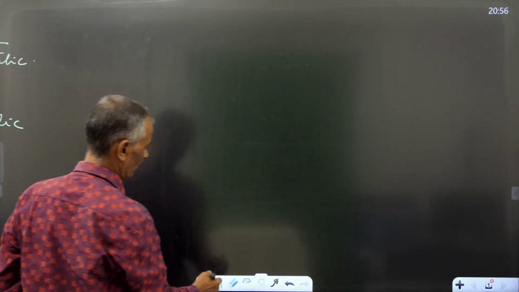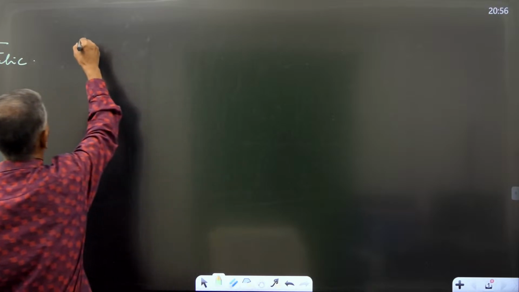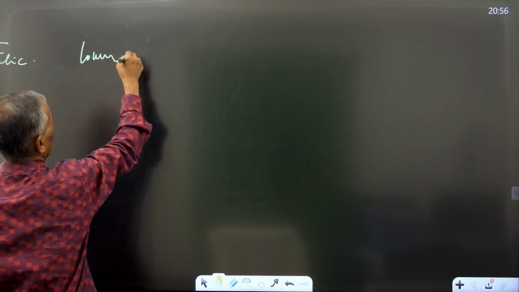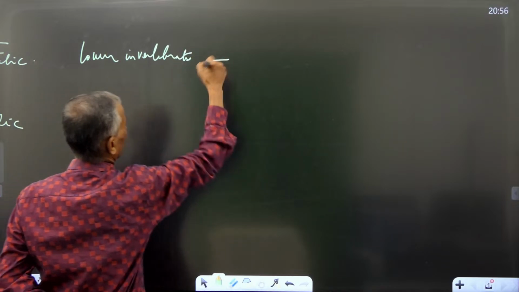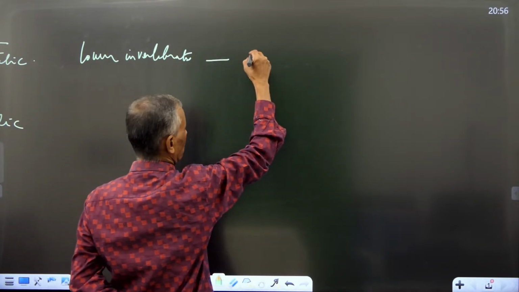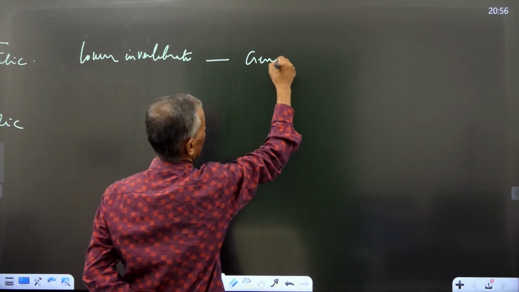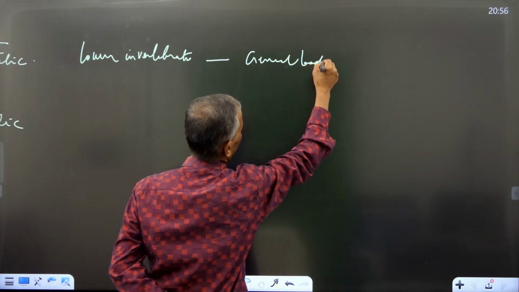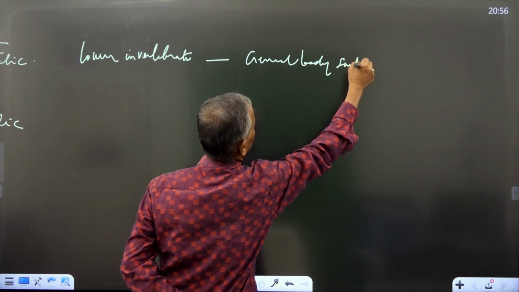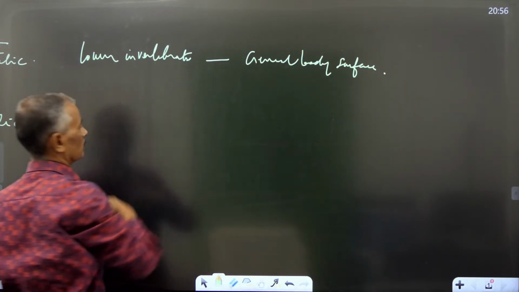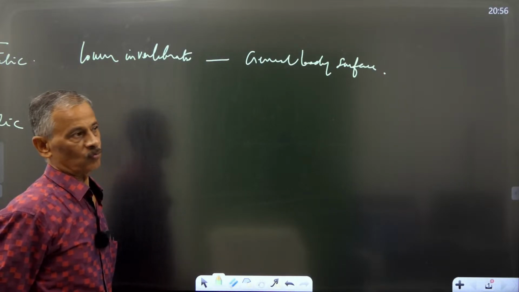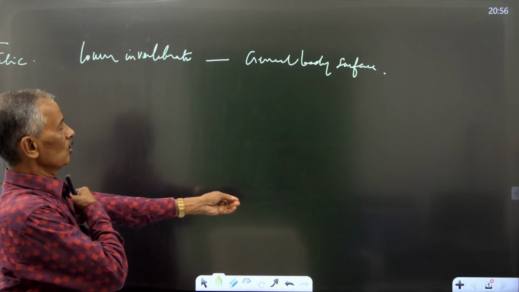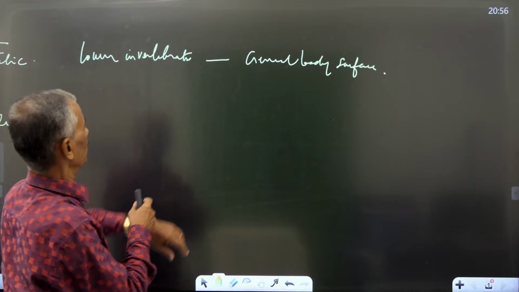So lower invertebrates don't have any special organ. Through the general body surface, ammonia is sent out. But from platyhelminths onwards, we have special organs for excretion.